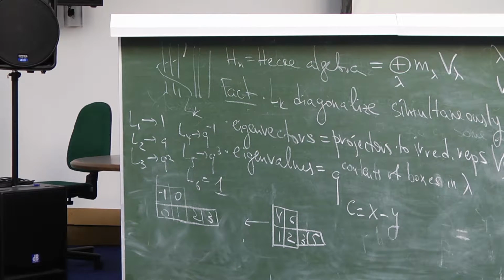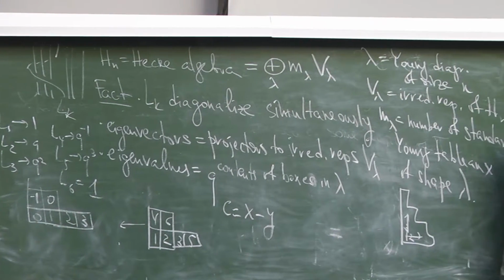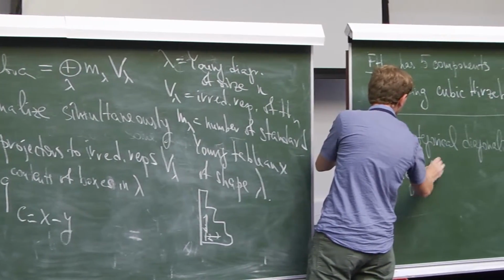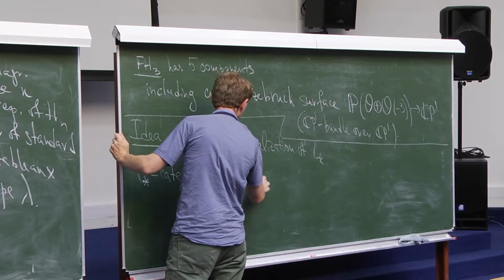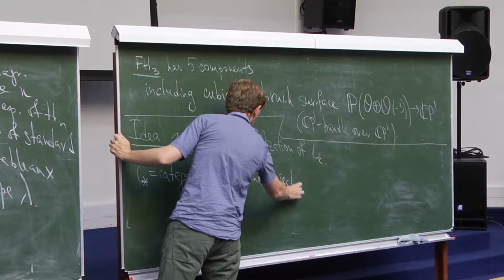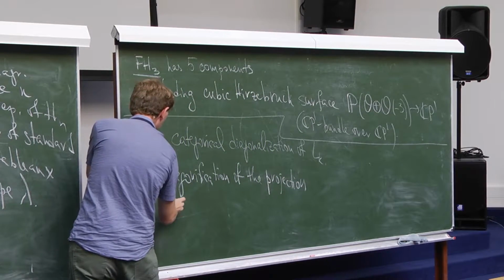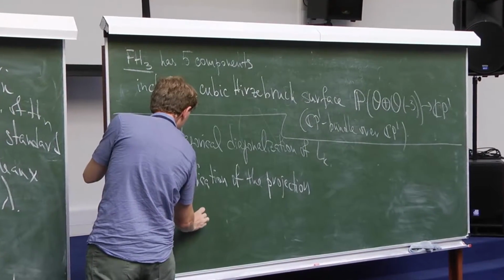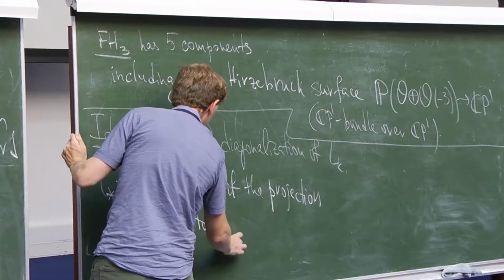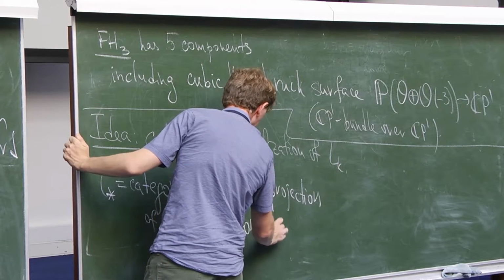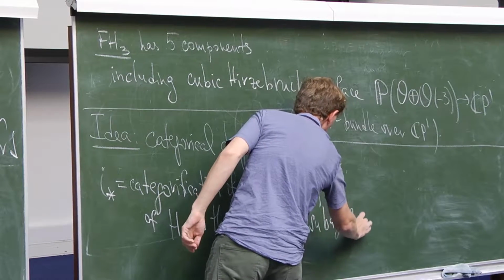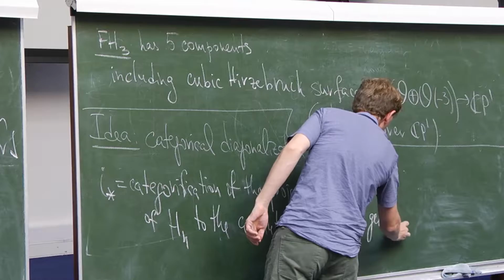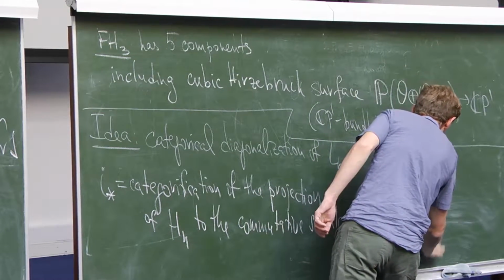I lower star is, in fact, the categorification, in some sense, of the projection of the full Hecke algebra to the commutative subalgebra generated by Lk.